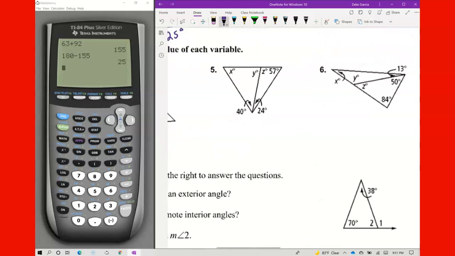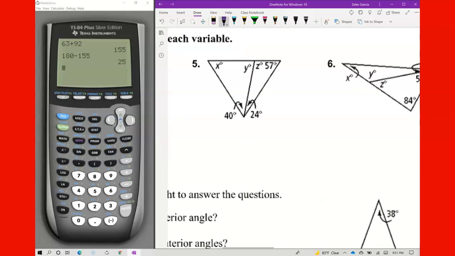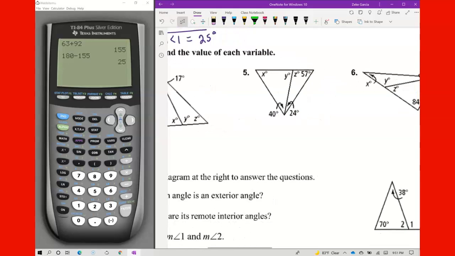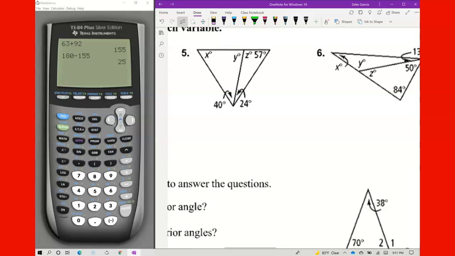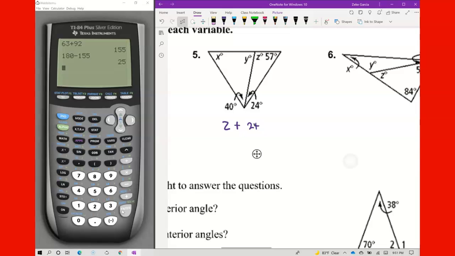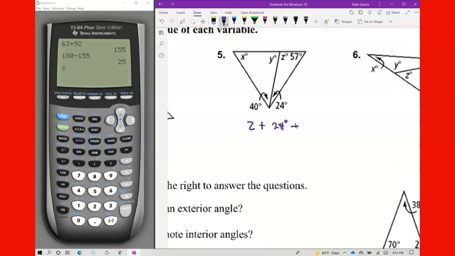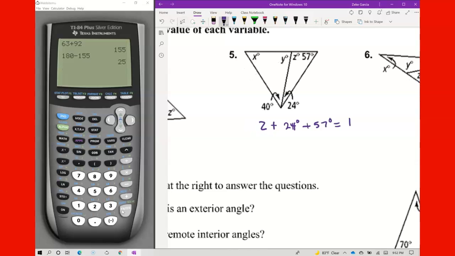Now I'm going to go to 5. And you notice that you have kind of 2 triangles in one. Because it's asking you to find the value of each variable, I decided to find z first. Remember, we have the measure of angle z plus 24 degrees plus 57 degrees is equal to 180 degrees, remember that the sum is equal to 180 degrees.